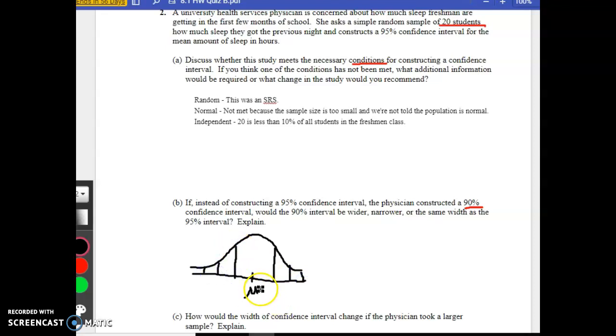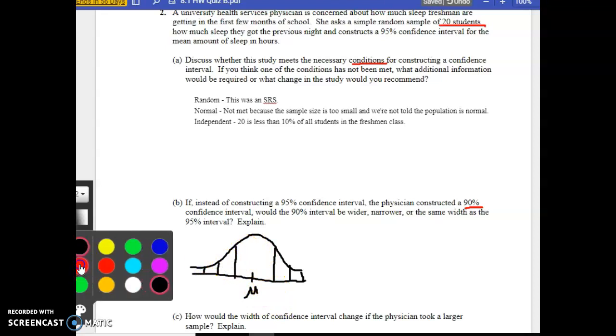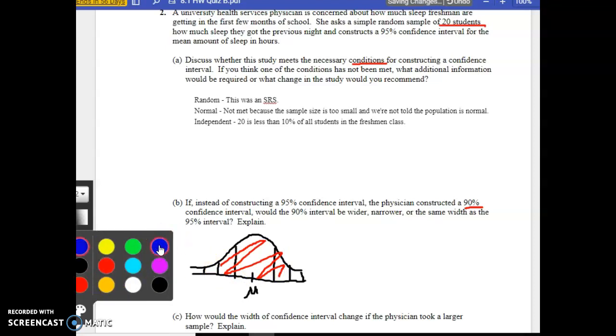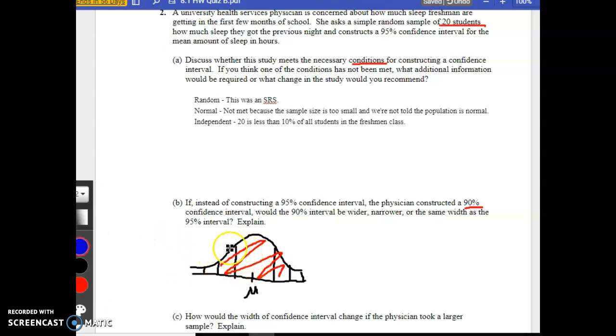So if you consider this the point estimate, well, 95% is in here. We know that's in 2 standard deviations. And 90%, if you were to find that value, it's going to be inside. It's going to be between the 68%. So this interval is going to get narrower. So the blue would be the 90% confidence interval width versus the red being the 95. And they got their pluses and minuses, like the goods and bads of having a wider or narrower interval.